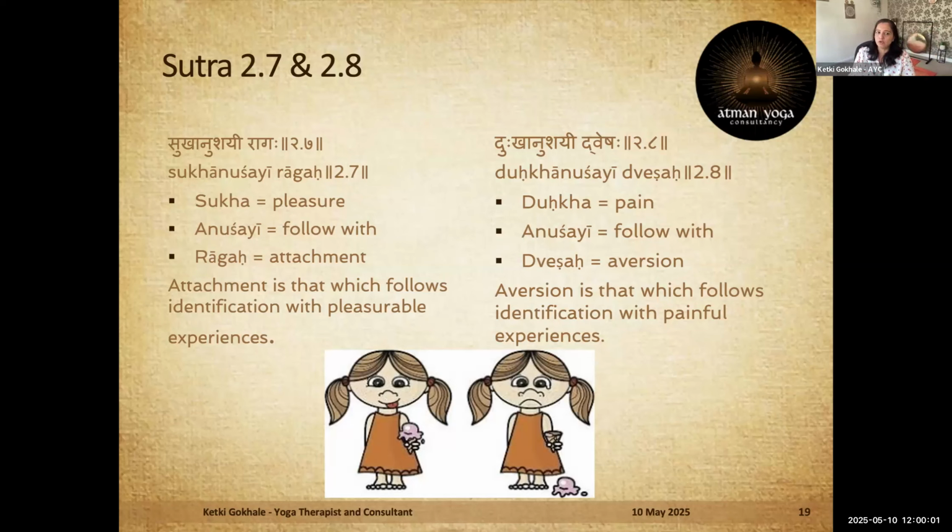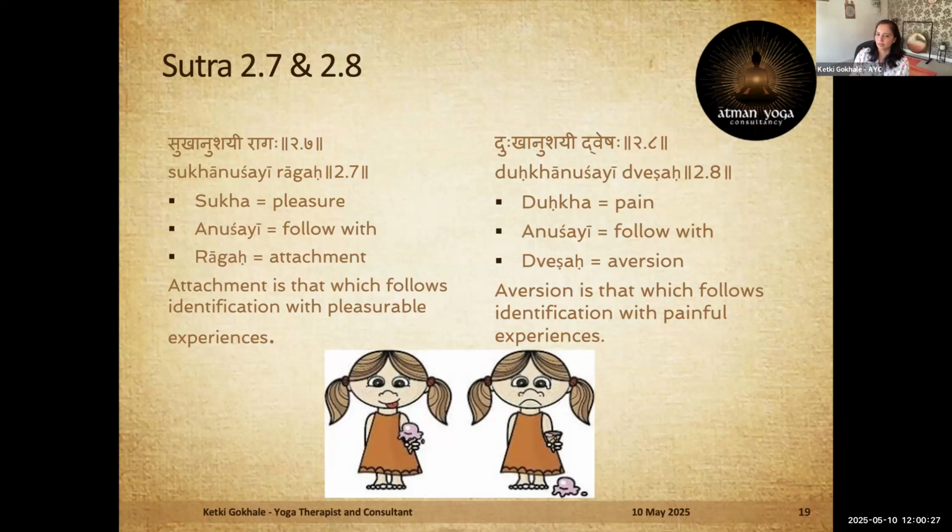Anushayi means following. So whenever I experience sukha, I immediately get attached to it. Attachment is that which follows identification with pleasurable experiences. Maybe from a person, thing, situation, whatever it is, I get attached to it.